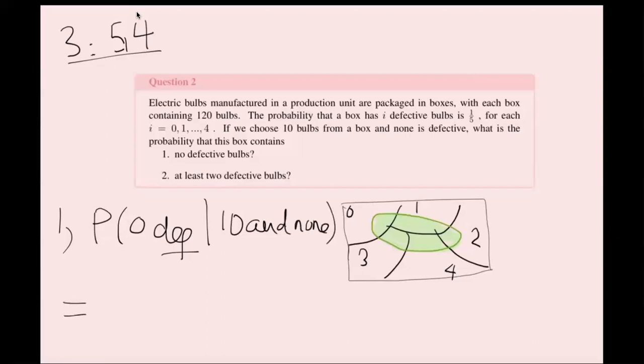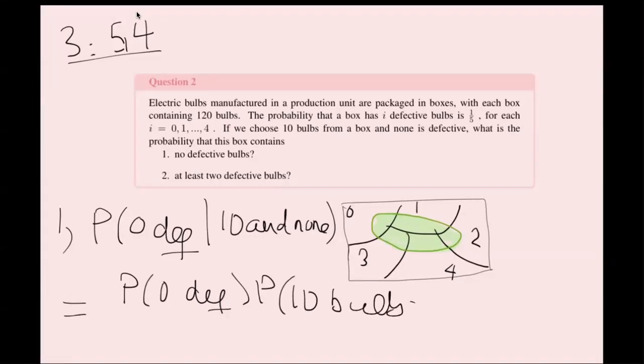If you use Bayes' theorem, the numerator is the probability that a box contains 0 defective, multiplied with the probability that you choose 10 items and none is defective, given that the box itself has 0 defective items.